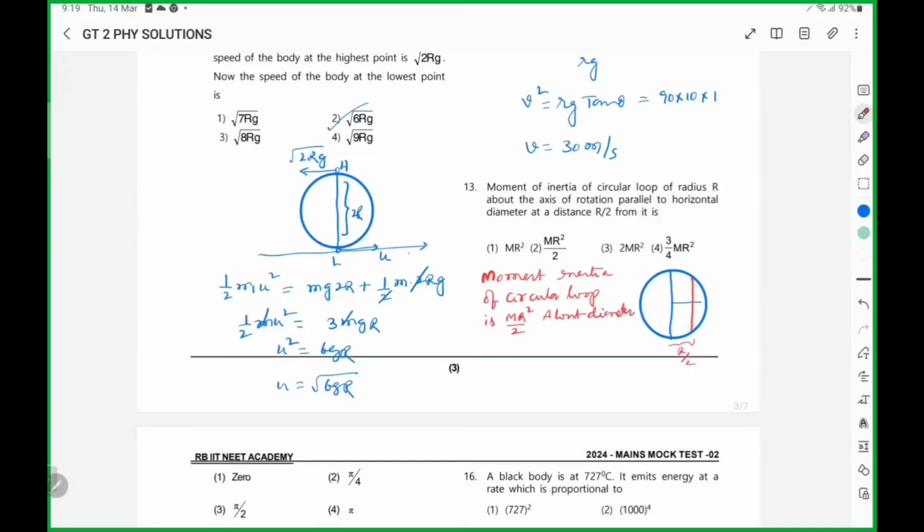Then about AB, by the parallel axis theorem, it is about the diameter plus m times R by 2 whole square. It is mr square by 2 plus mr square by 4, which is 3 mr square by 4.